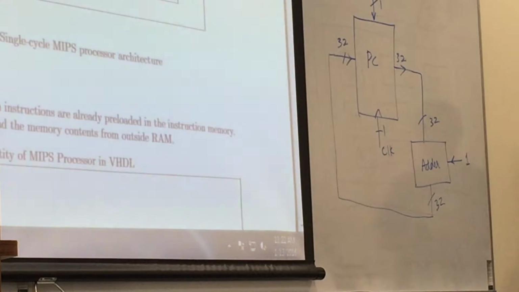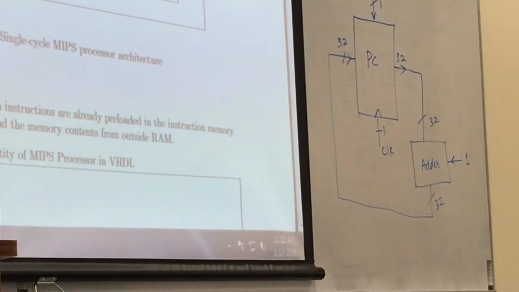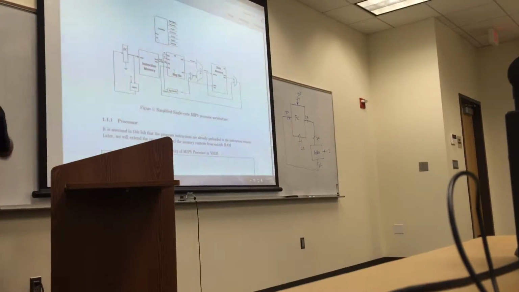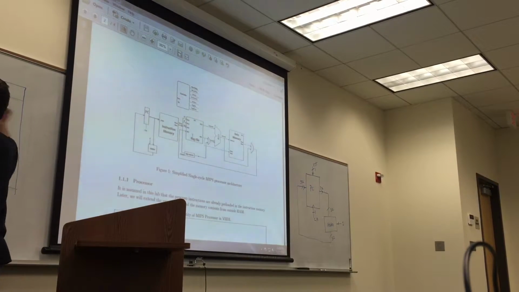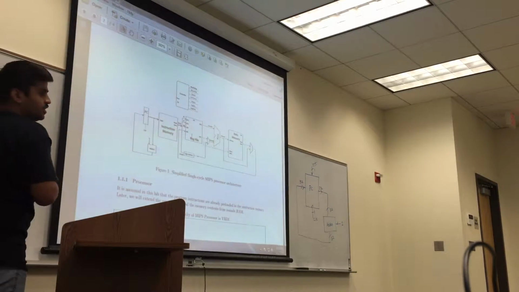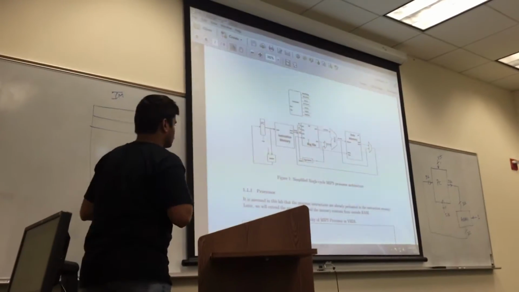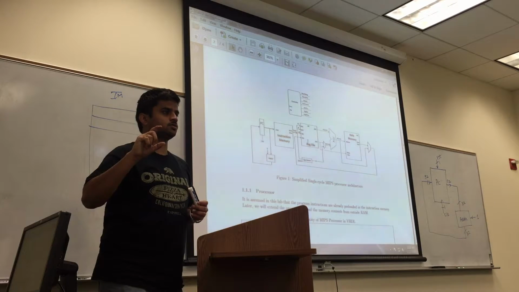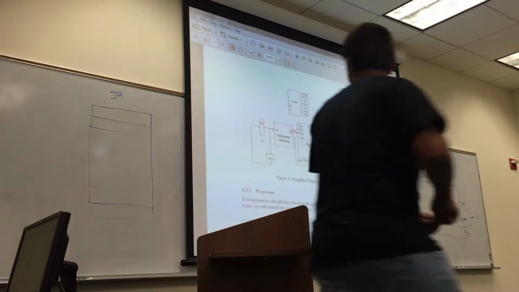Okay, so the program counter is used because in your instruction memory, this is your instruction memory, you'll be having 32 bit values, right? Are you aware of the instruction format? Okay, let me go through that first.